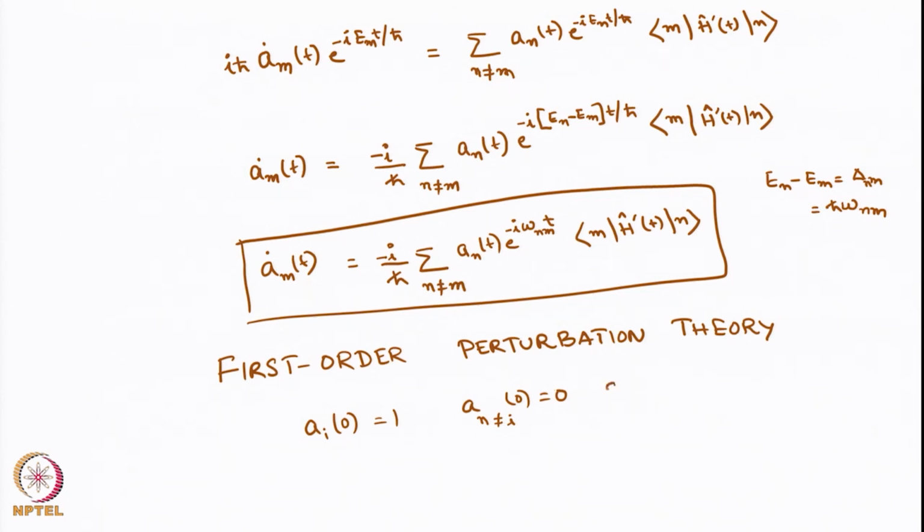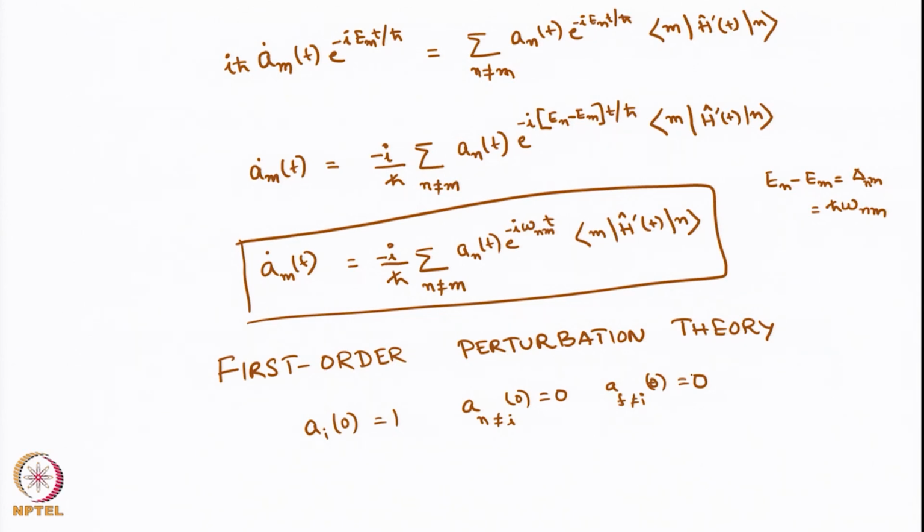Or say a_f for f not equal to i at 0 will be equal to 0. Okay, that means there is population only in the ground state and the others are not populated at all.